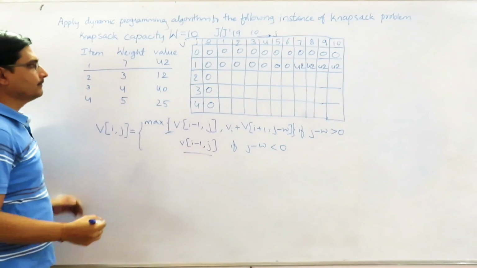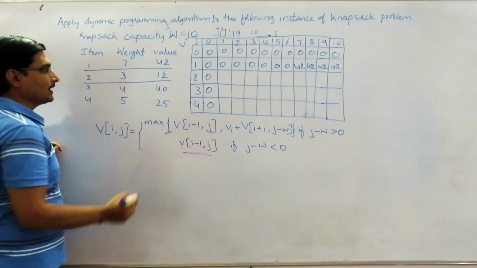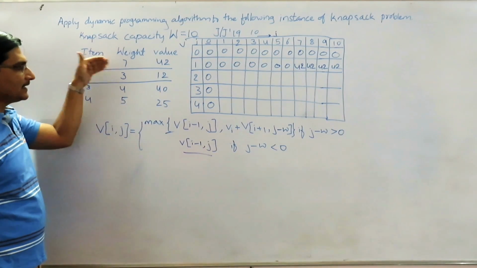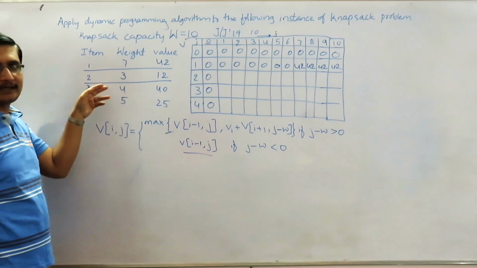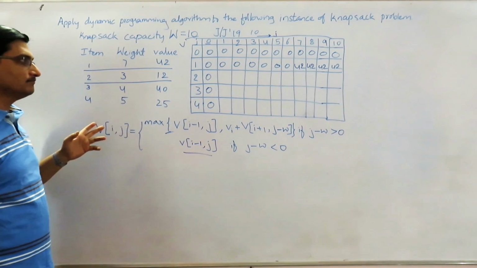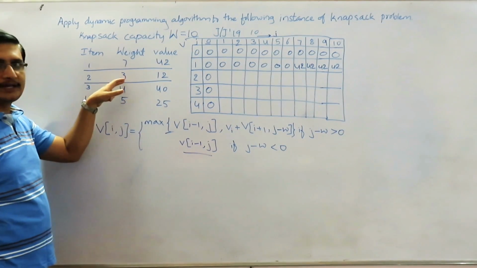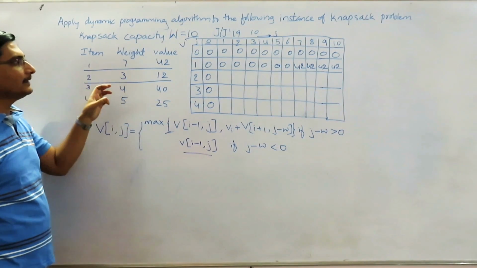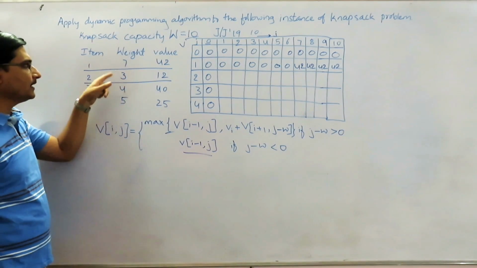Now, when we go for the second element, we can put both the first and second element only when 7 plus 3, that is 10, only when the capacity of the bag becomes 10. Or we can put this element alone when the capacity of the bag becomes 3, because the weight of the item is 3.